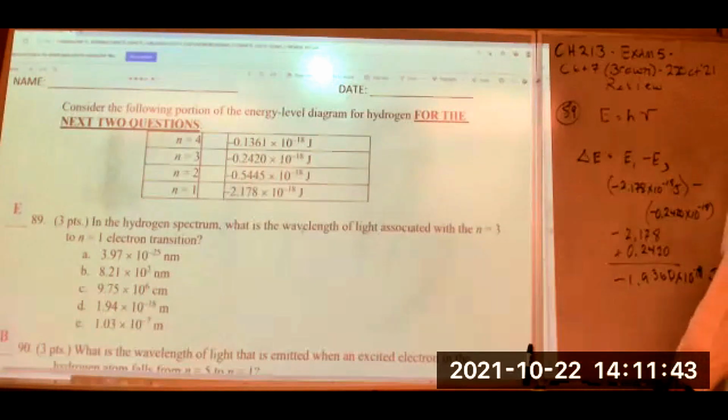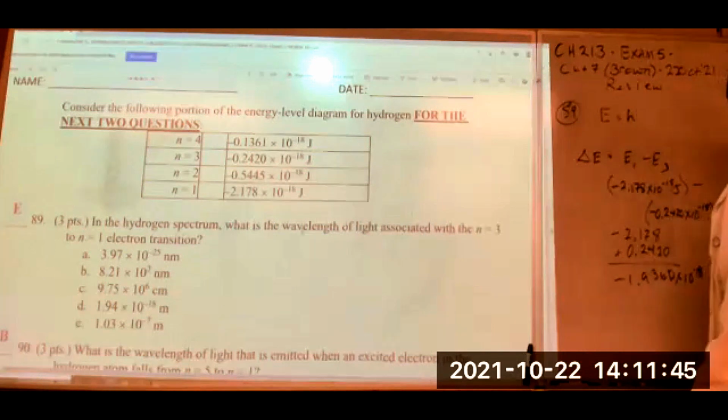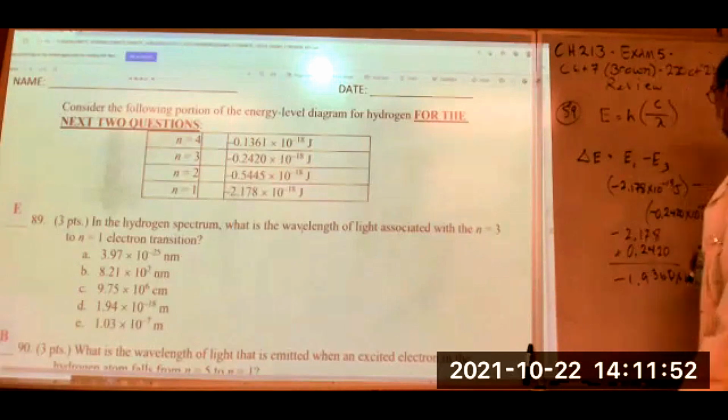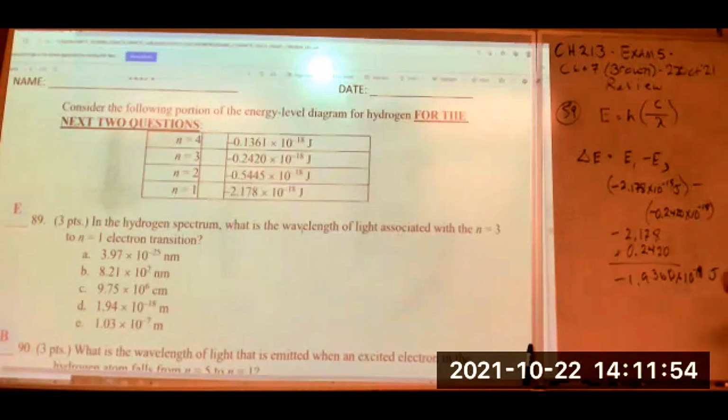Or we can do this. There we go. That would be easier. Then we can plug in, we know this value, that's a constant, solve for this one. And then you end up with this value right here, 1.03 times 10 to the minus 7 meters.